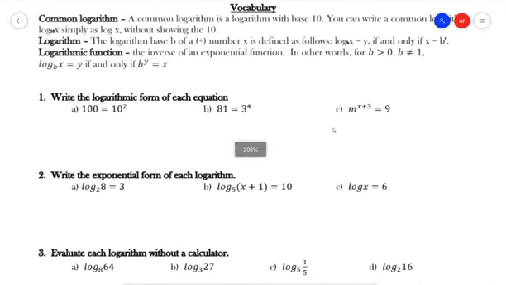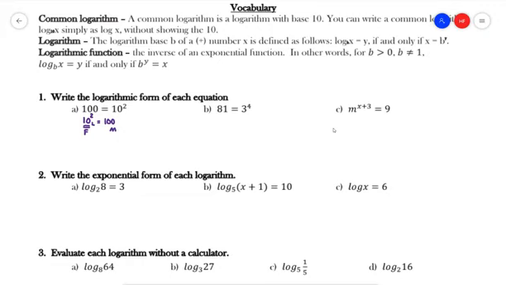Here we are writing each exponential as a log. Whenever we're converting, if we are using first, last, middle, it does have to be base first. So first, then last, then middle. If you tried to go this way, it's all going to be wrong.